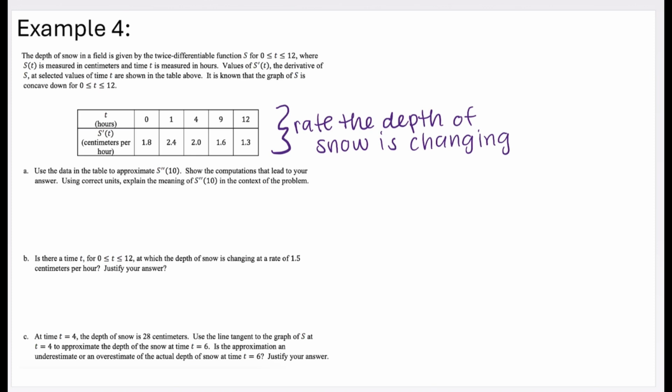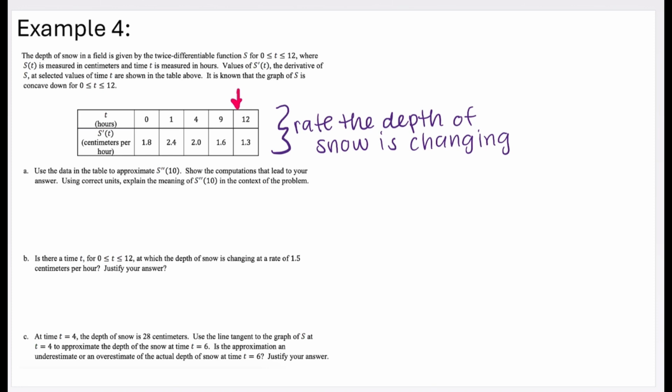Now, 10 is not in our table. But since the table has values of the first derivative, if we approximate the second derivative by using values around where 10 would be, then we can just use that difference quotient.